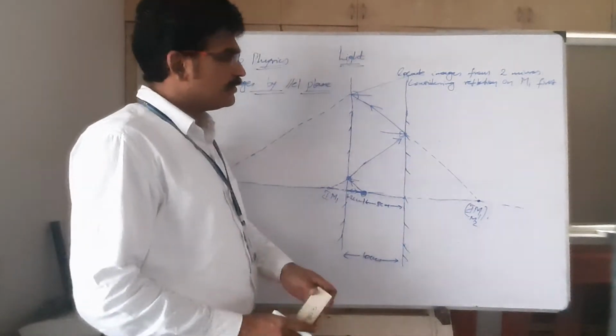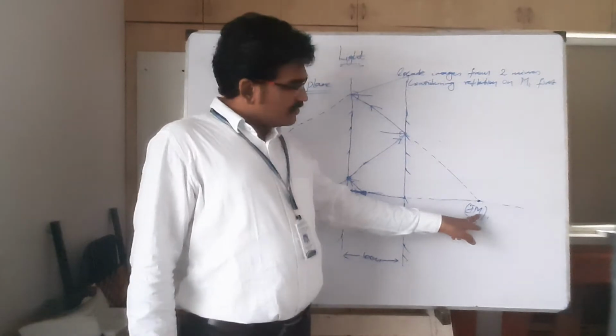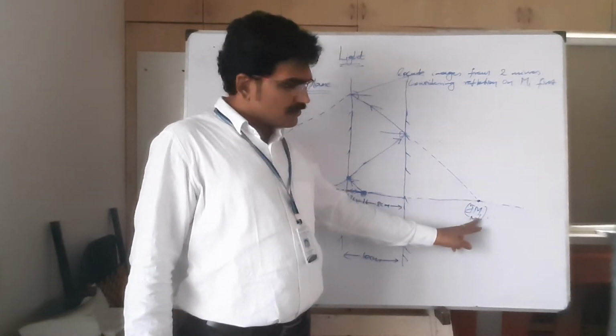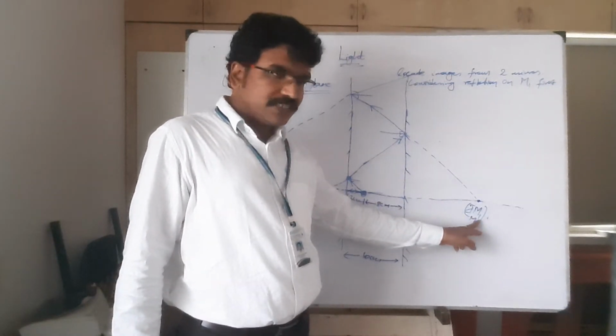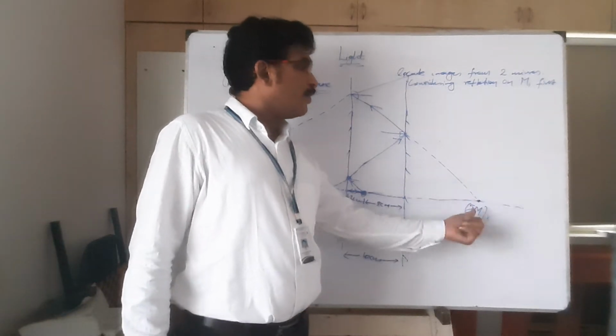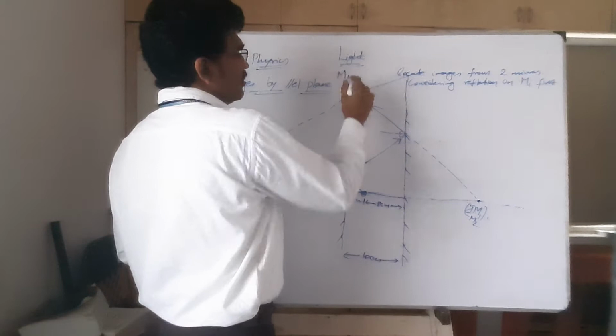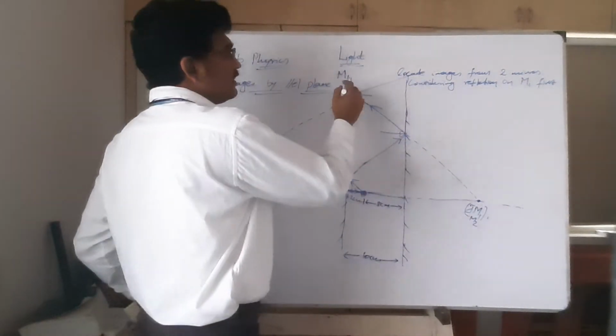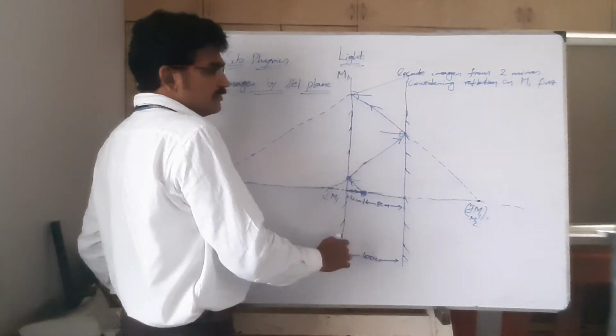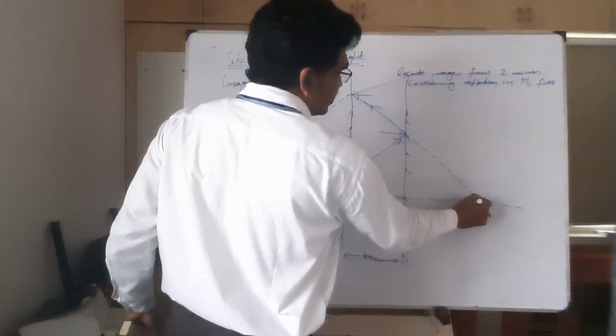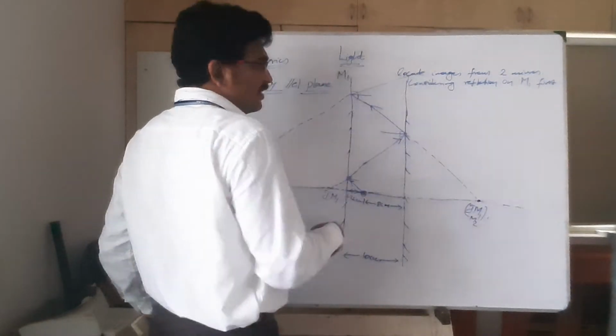Now you see here, this image is going to function as the object for M1. This is M1. So this image is going to act as the object for M1.